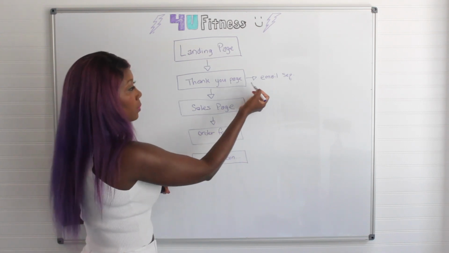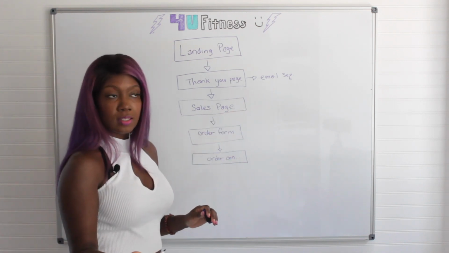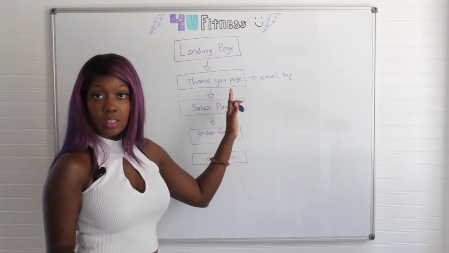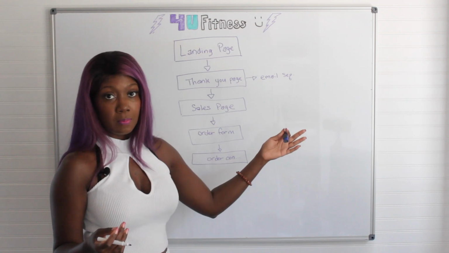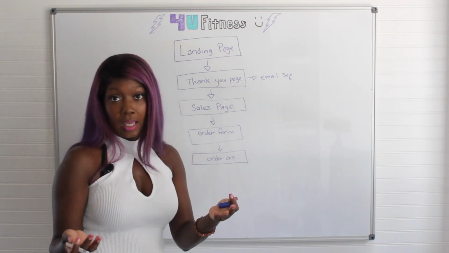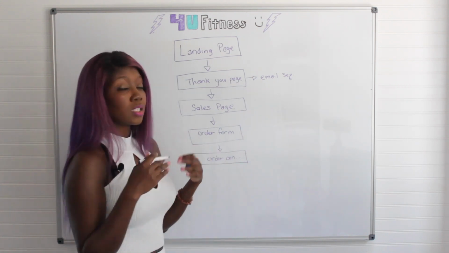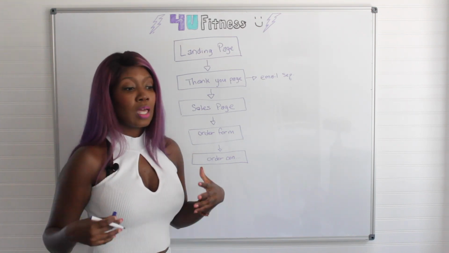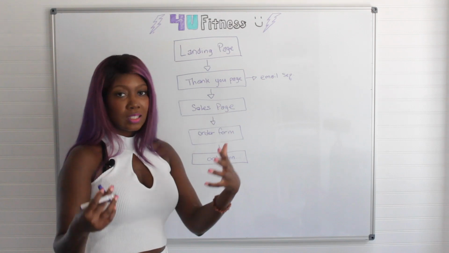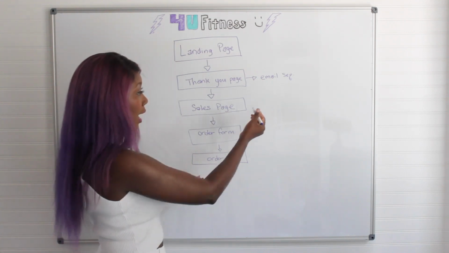You can start out by saying something along the lines of, did you receive the lead magnet? I hope you enjoyed it. Here's the benefits of the lead magnet. If you didn't look at it, make sure you go look at it. And then that's where you want to go into your Seinfeld sequence to start to build that anticipation for them to buy the product.